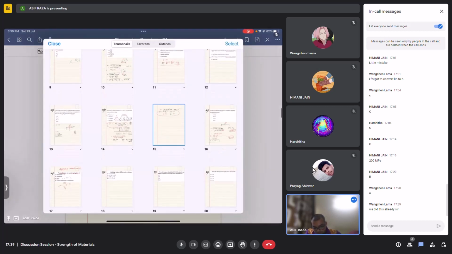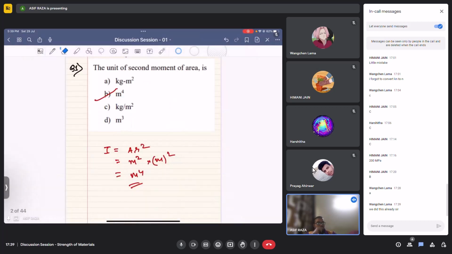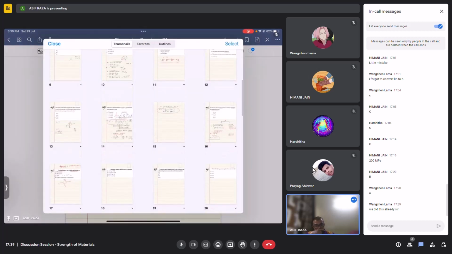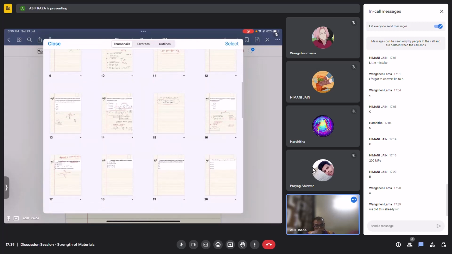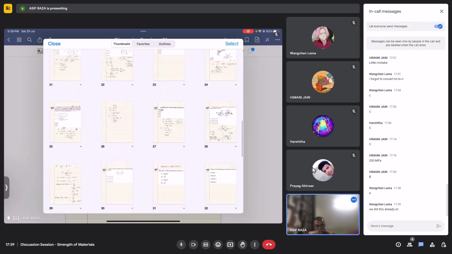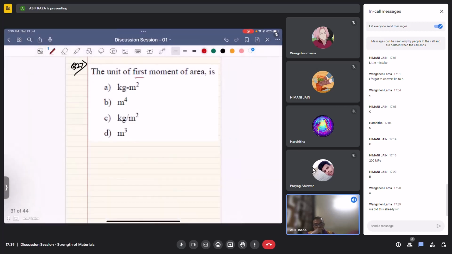See, the question was second moment of area. The question which we are trying to do now, it's first moment of area. Okay, so Harshita has given the answer as option D. What about Himani?